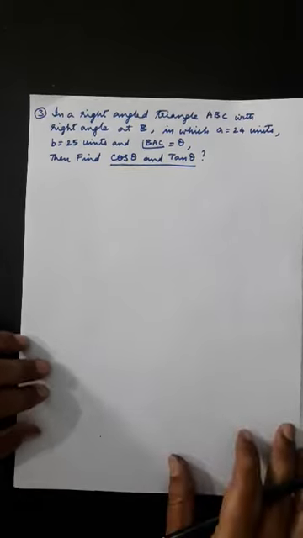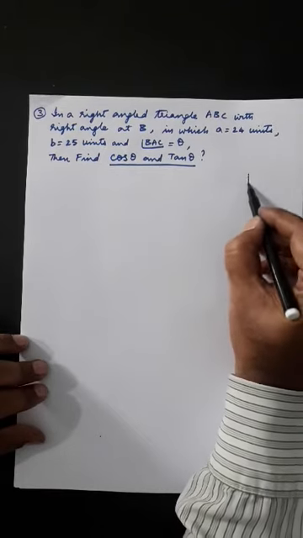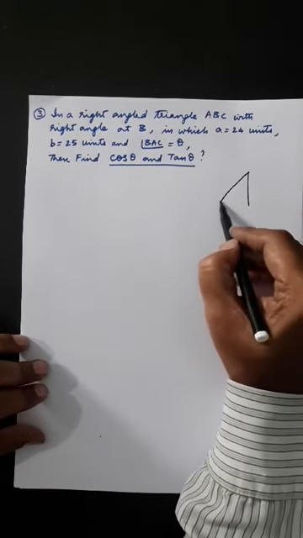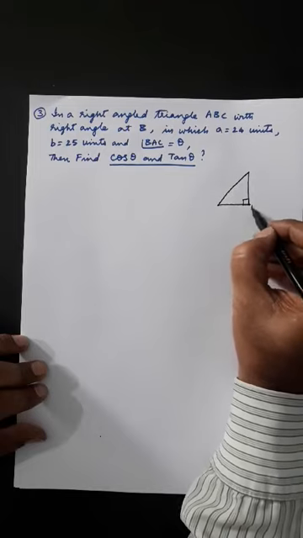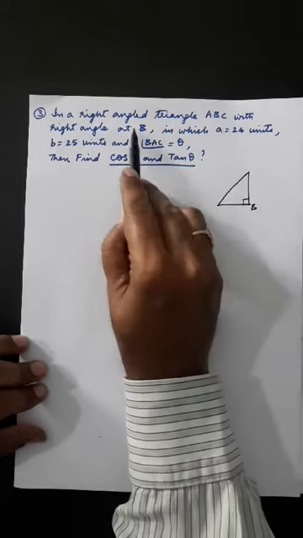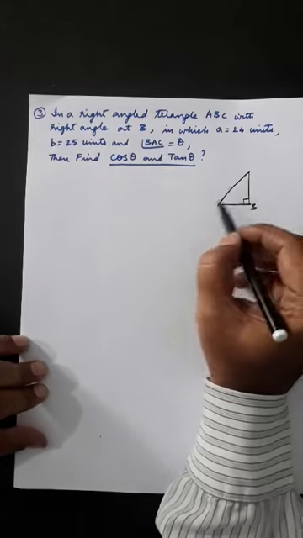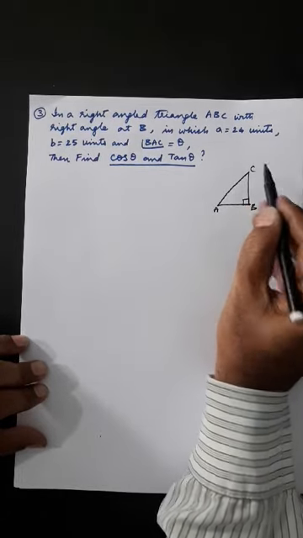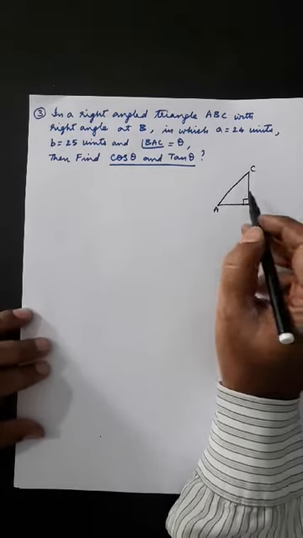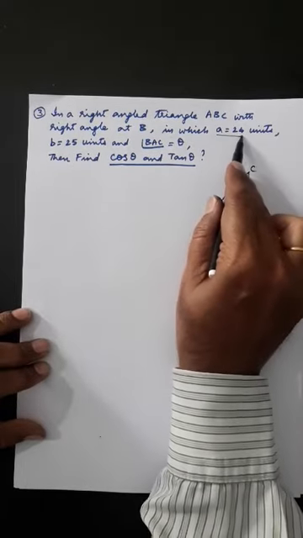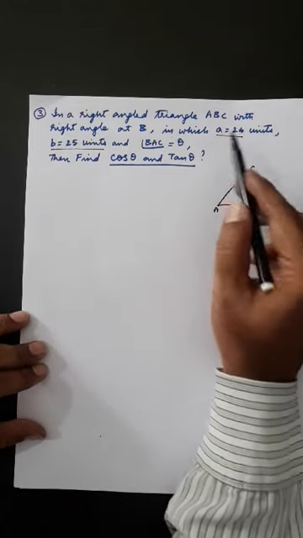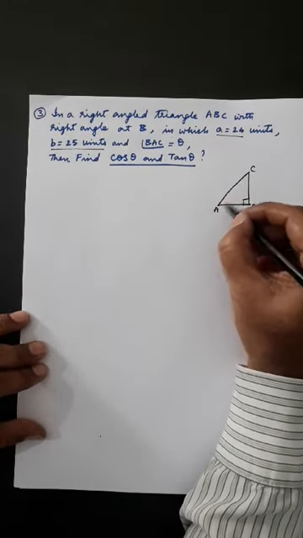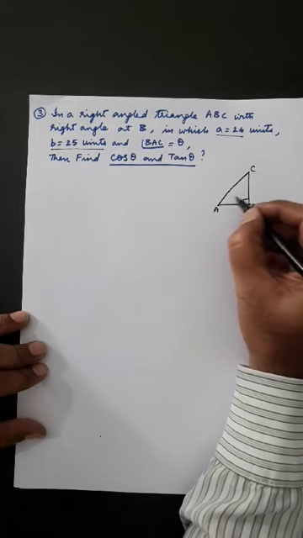So here let's draw the diagram. Right angled at B, that's what is given. So A, B, C, in which a is 24 units, b is 25 units. If they write small a, that means the side opposite to angle A is small a.